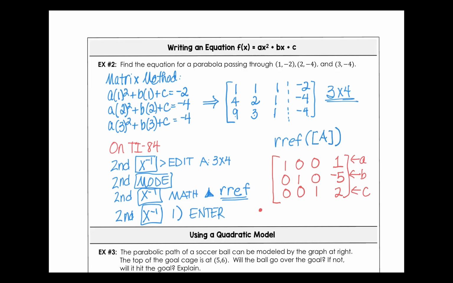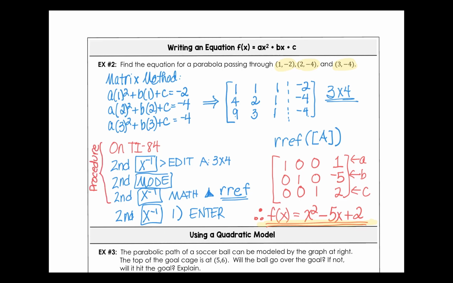So we know the equation for our parabola is 1x squared minus 5x plus 2. Now, I would highly recommend that you go into the graph window and graph that parabola and check to see that you definitely have these 3 ordered pairs in your table for this parabola.